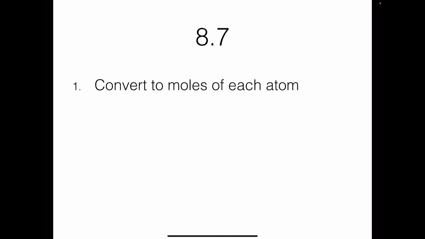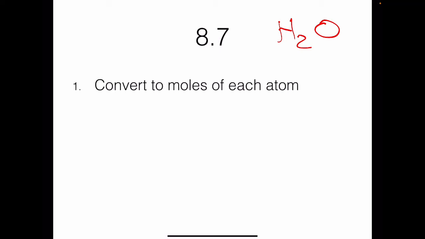And what we have to remember here is that I don't want you to learn things in terms of steps. I don't want you to memorize a series of steps to be able to calculate something. I want you to understand what it is you're calculating. So if we're looking at the formula H2O, for example, this tells us that we have 2 hydrogen atoms for every 1 oxygen atom.